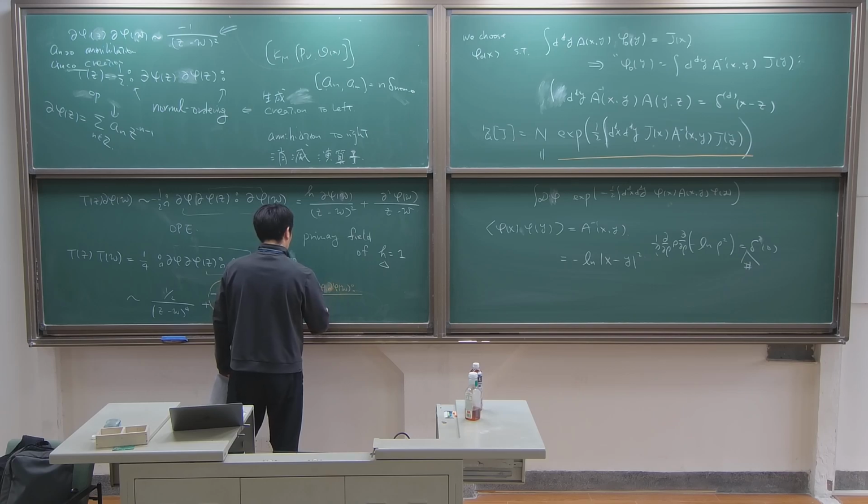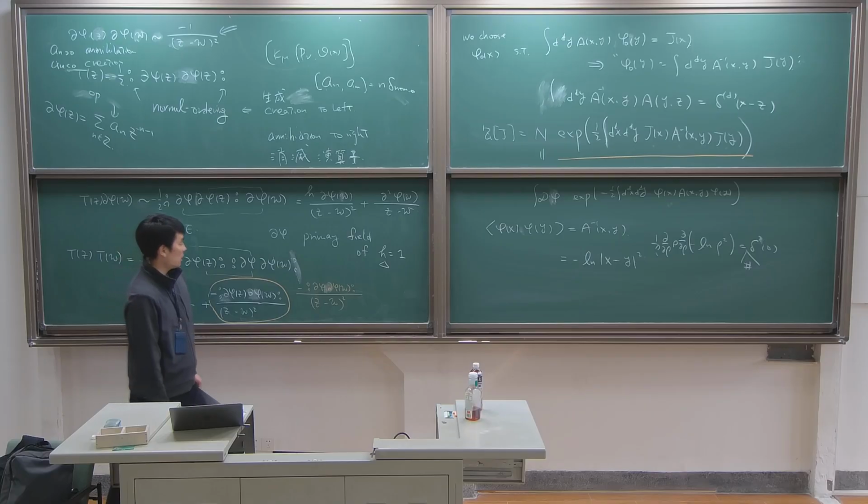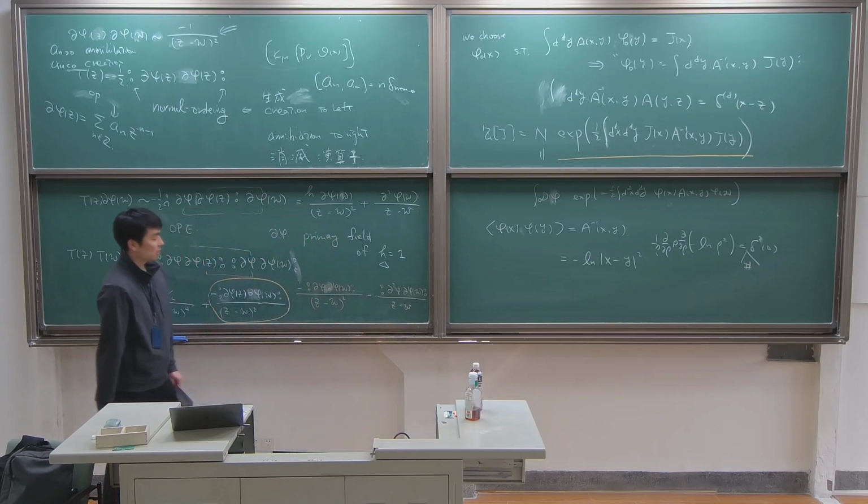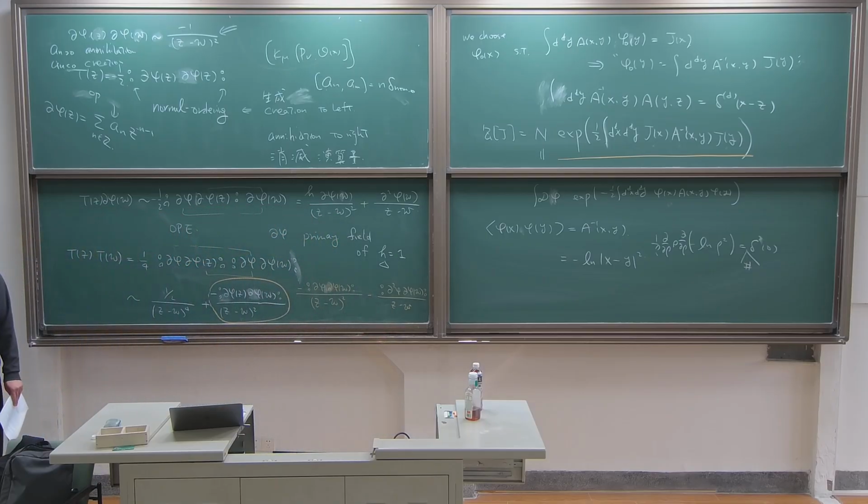C minus W squared, and then minus del squared 5 of W, C minus W. Okay, like this one. Okay, so like this. Okay.